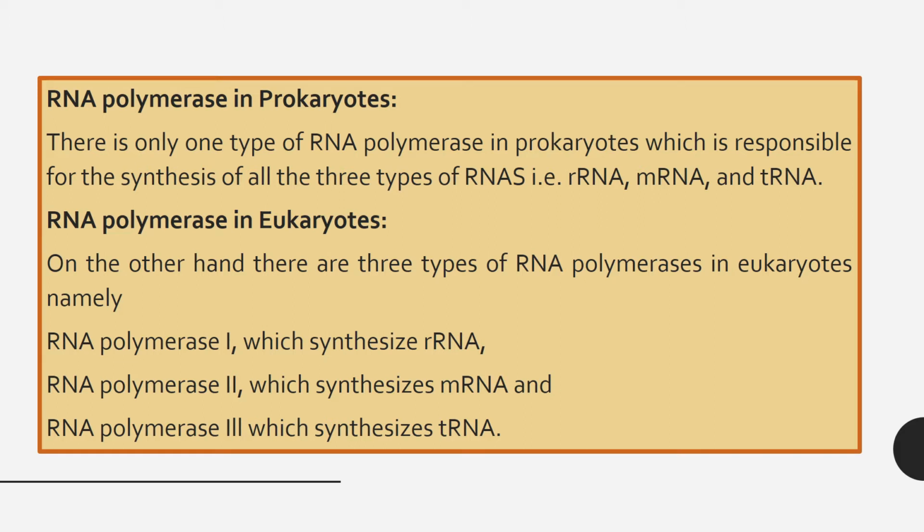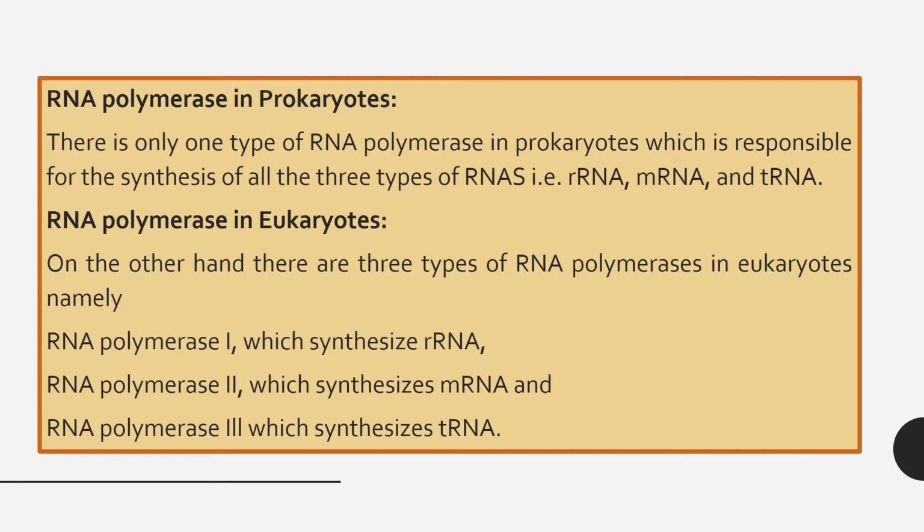During the process of transcription, RNA polymerase enzyme adds RNA nucleotides which are complementary to the template strand of the DNA. There is only one type of RNA polymerase in prokaryotes, which is responsible for the synthesis of all three types of RNAs, that are ribosomal RNA, messenger RNA, and transfer RNA.